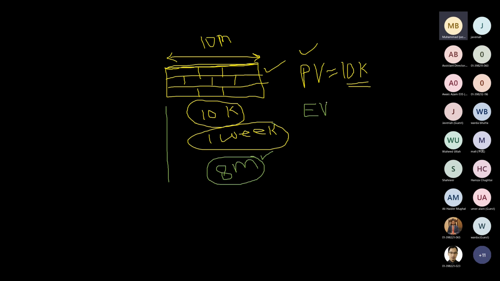So what is the approved budget for the work that we have completed? 8,000, because we could not complete the whole wall. We could complete only 8 meters of wall, and for 10 meters we had kept 10,000, so for 8 meters, 8,000.